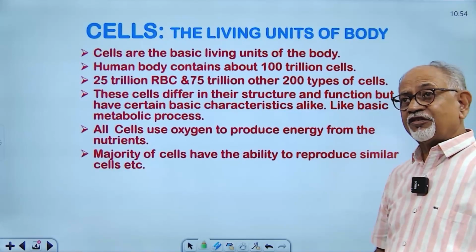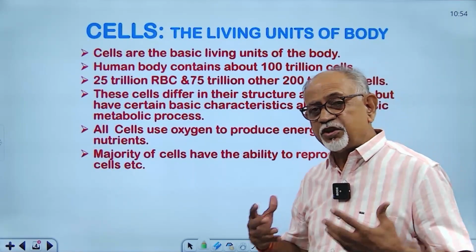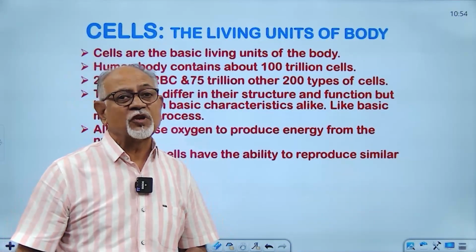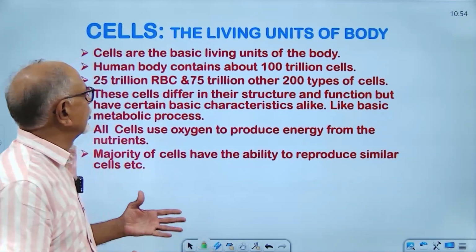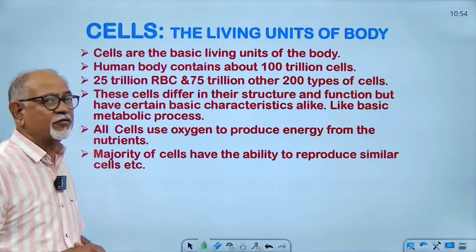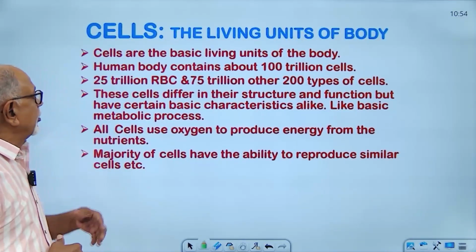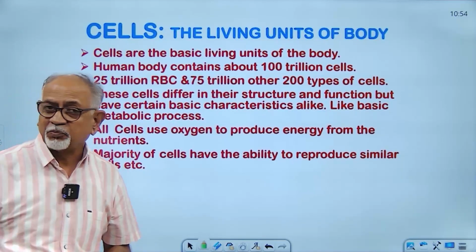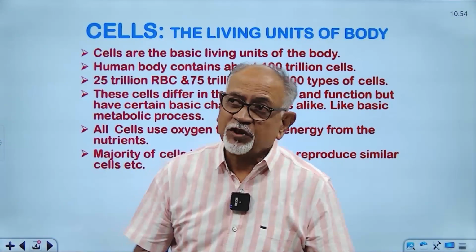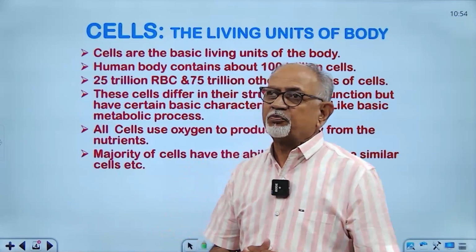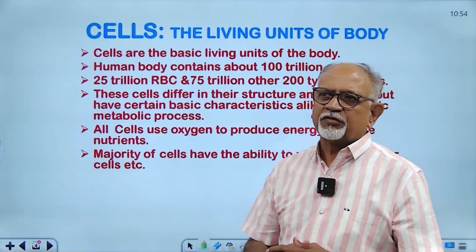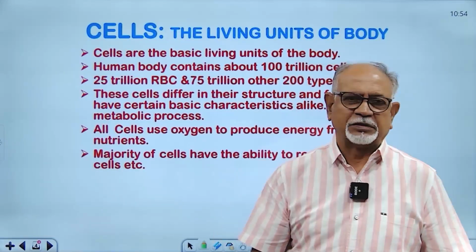Now, the cells are the basic units of living beings. All the activities are conducted at the level of cells. About 200 types of cells are there in the body which perform different functions. But these cells have something in common.